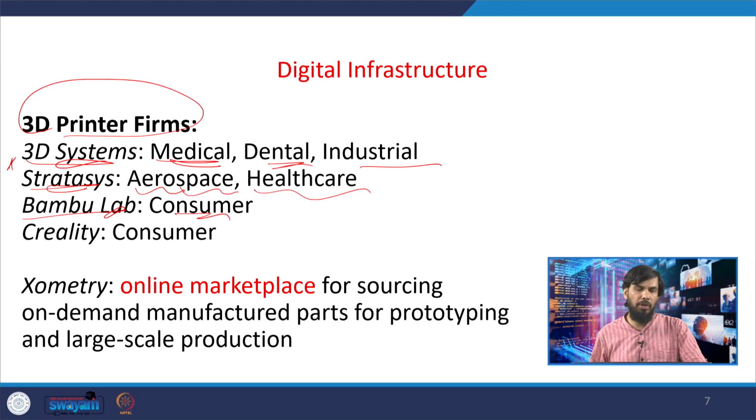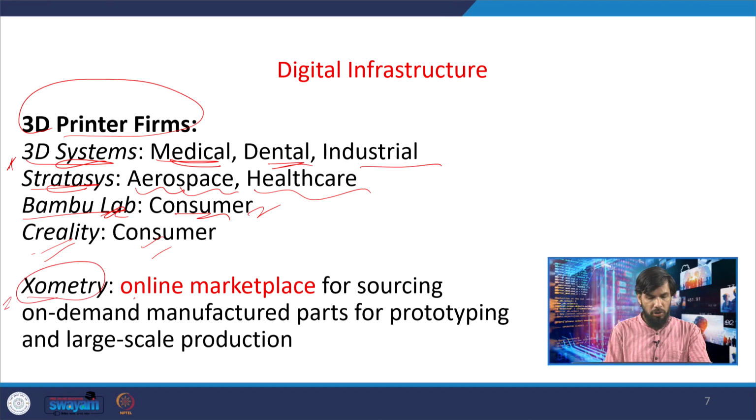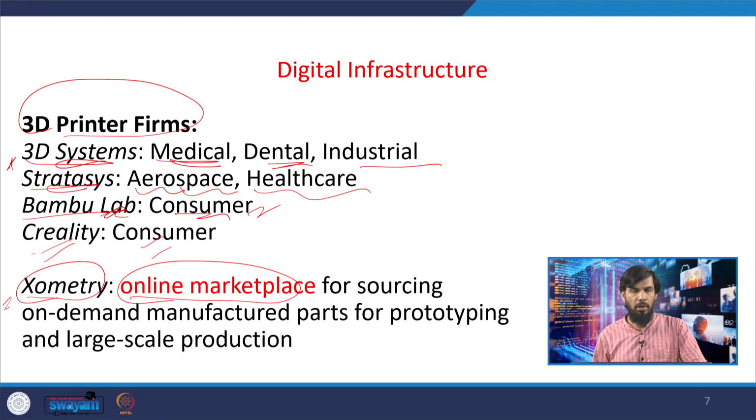It might be unique, or all the objects might be the same. So Bamboo Lab caters to that kind of market. Then Creality is there, which is also focusing on consumers. Then other firms like Axometry are there, which is an online marketplace where you can get both the 3D printer firms and the firms which are actually providing 3D printing services, and the people who want those services.